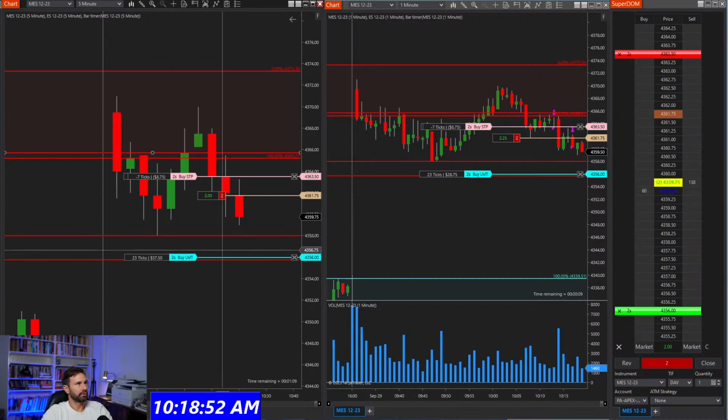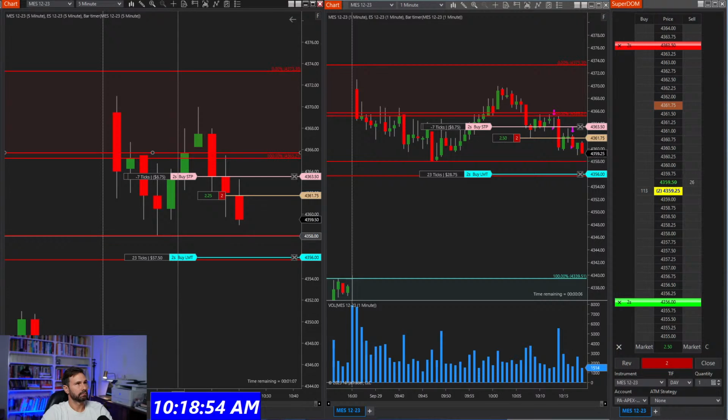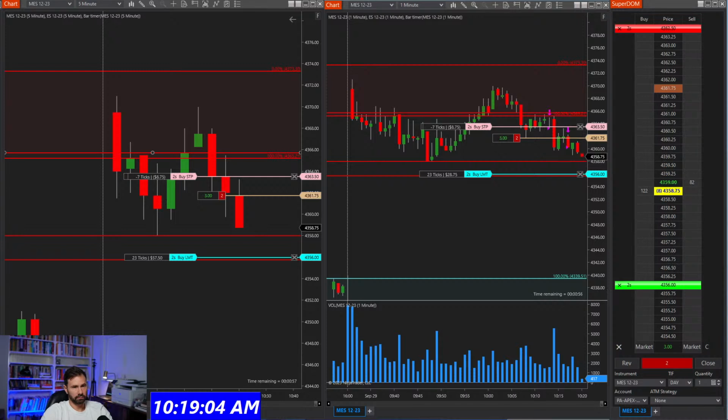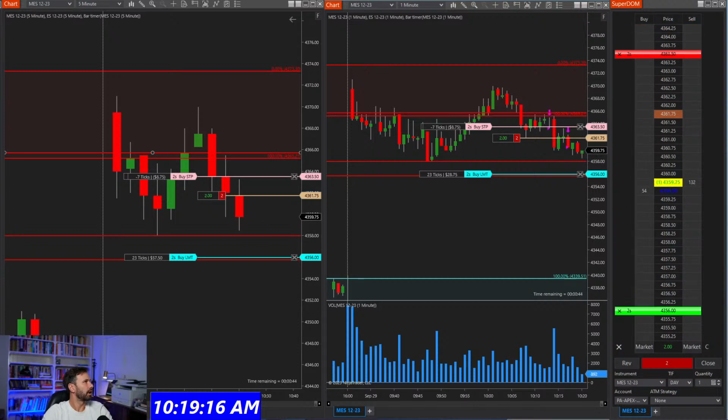So that's why this is my target. Sellers are in control. What's your target? 56. Yeah, but now we are reaching today's low. Let's see if we can break that. Solid.